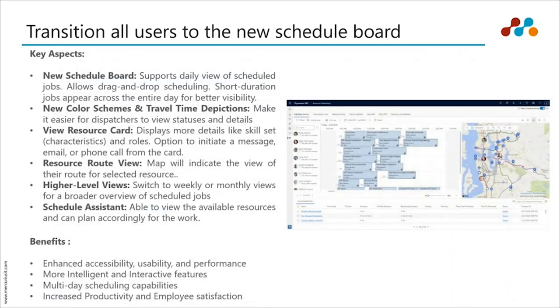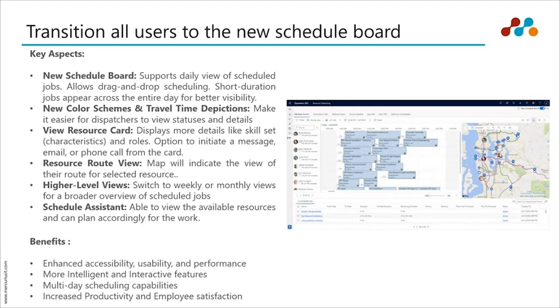And all the field service users are being transitioned to this new schedule board, because with the addition of a new algorithm, it is far better than the older version. In terms of handling the load, it gives an upper hand and a quicker response to whatever inputs are provided in this schedule board.